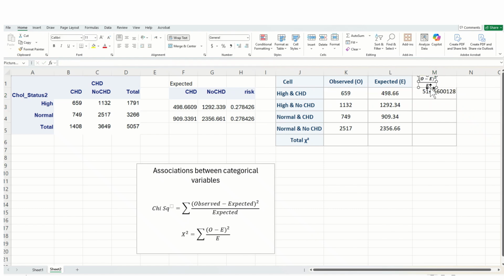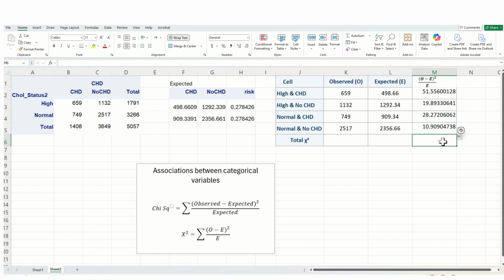So here is 51.56. I'm just going to drag it down all the way to the bottom to see how much departure from the expected is quantified by this formula here, which will give us the total value of how much we are deviating from the expected values, right?